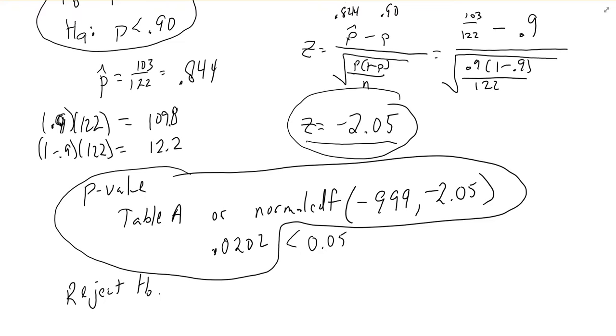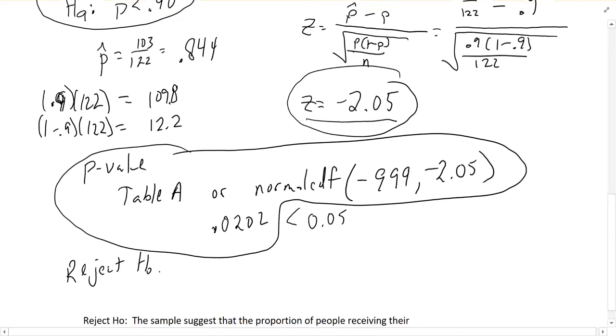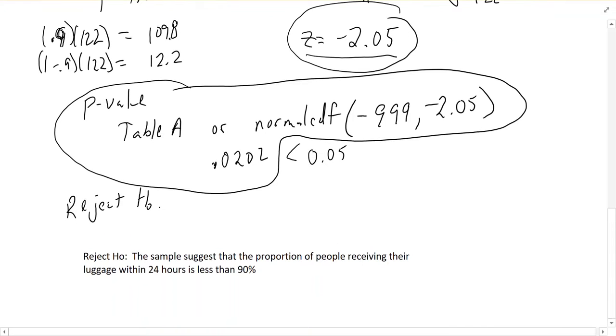A small p-value is evidence that the null hypothesis is false. It's unlikely that we'd get that sample if the proportion is really 90%. And so we reject that and say that the proportion is really less than the 90% claimed by the airline.